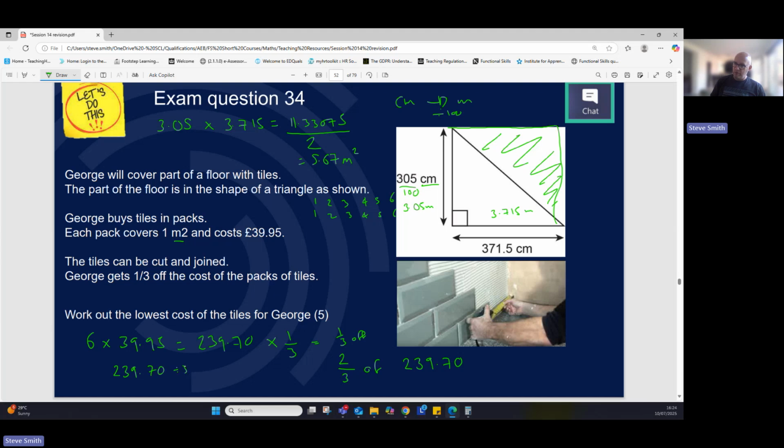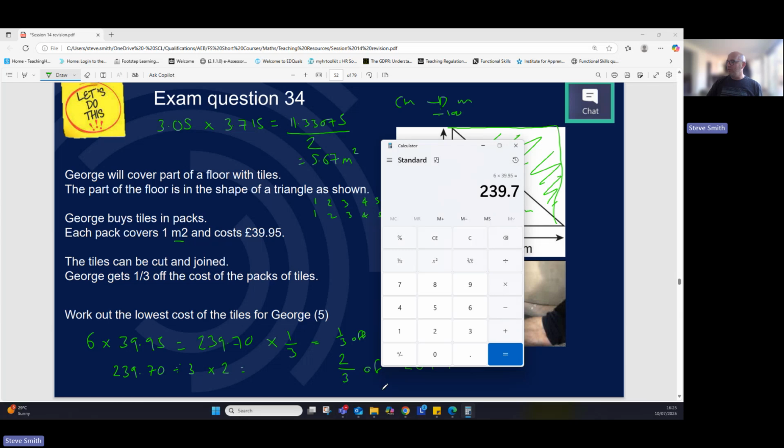divided by 3. It's a rubbish 3, because I'm getting right to the edge of my black mat. Let me just scroll it out and do a 3 better than that. Right. Okay, I can't even move further because it goes further down the page. And then once we've got that number, we're going to times it by 2 because we want 2/3. Let's have a look. We've got 23970 divided by 3 because we're going to split into thirds.